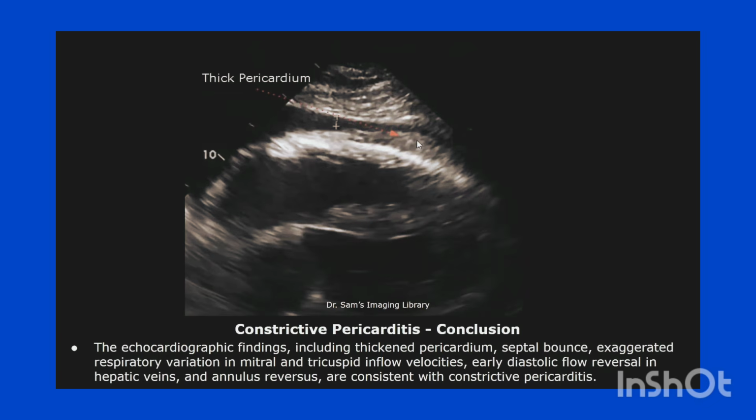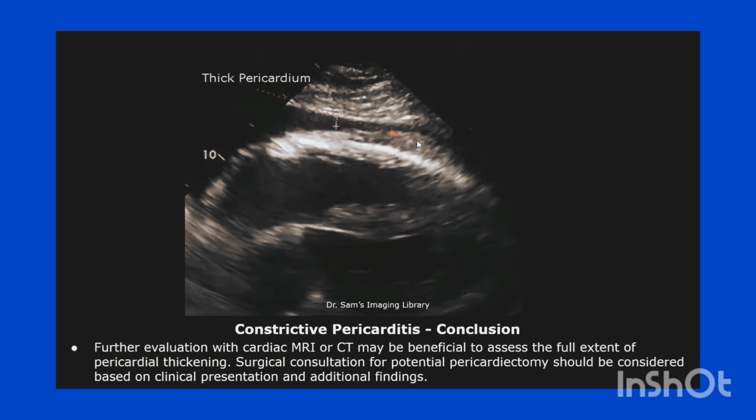Here is the conclusion. The echocardiographic findings, including thickened pericardium, septal bounce, exaggerated respiratory variation in mitral and tricuspid inflow velocities, early diastolic flow reversal in hepatic veins, and annulus reversus, are consistent with constrictive pericarditis.